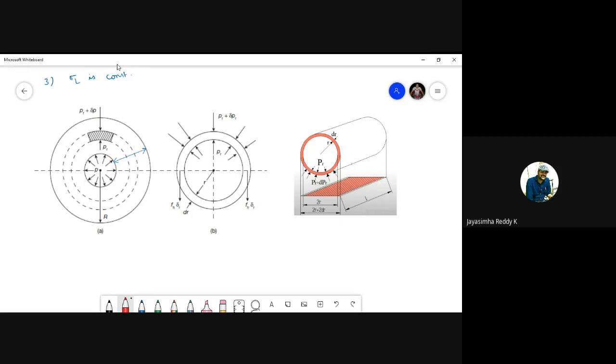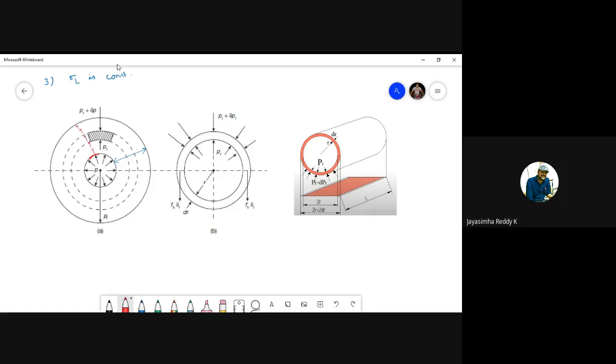So if the fluid gives some internal pressure at this part, as this pressure transports to the extreme, it will decrease. It has to reach the extreme portion, and meanwhile it will decrease.